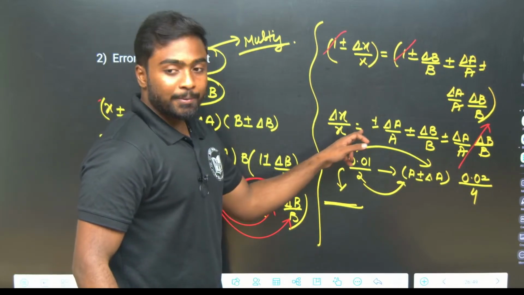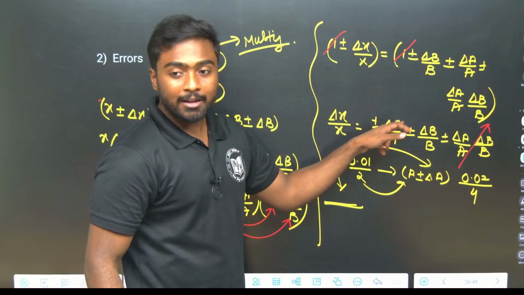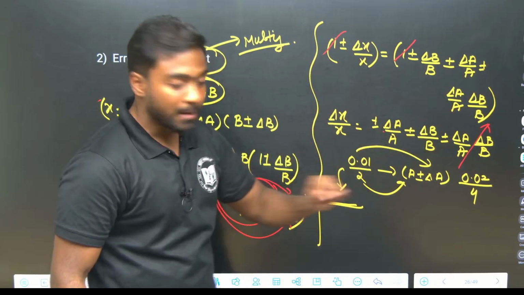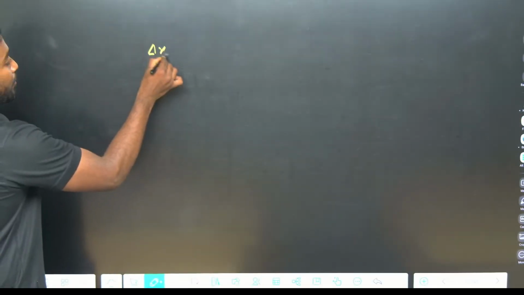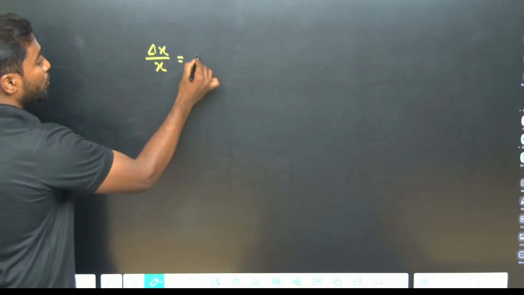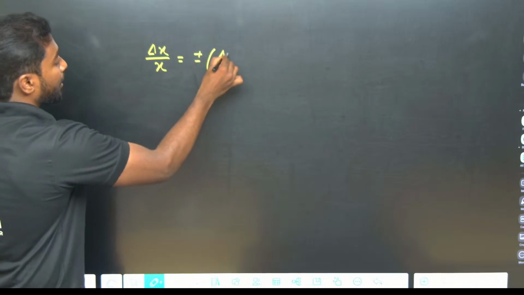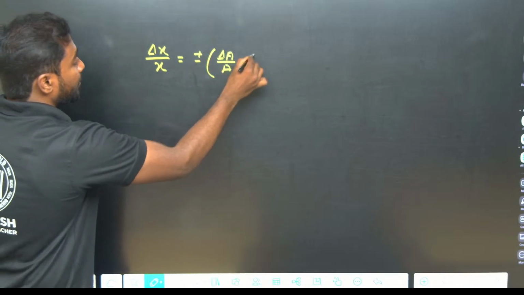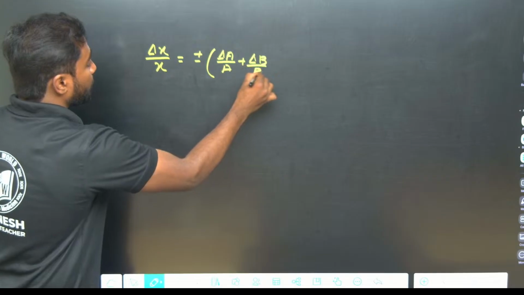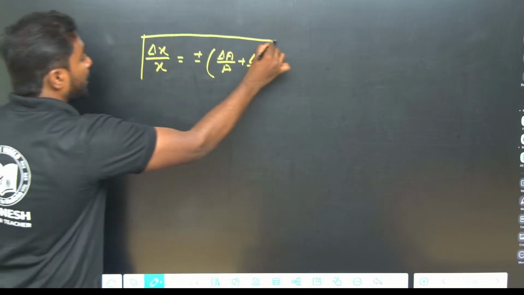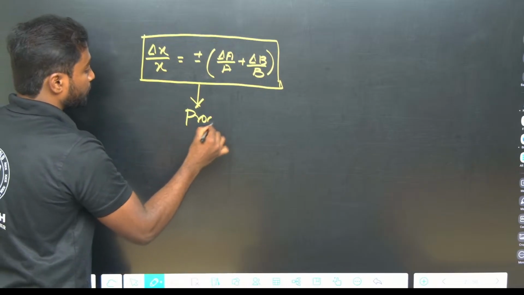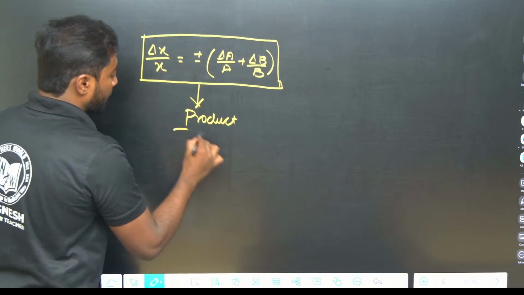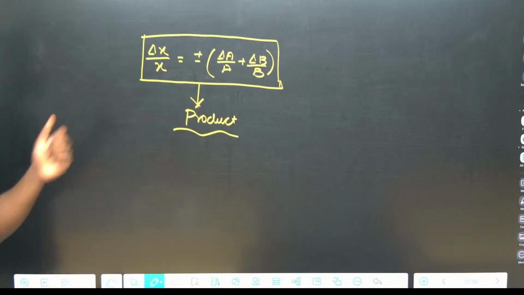Delta x by x equals plus or minus delta A by A plus delta B by B. So the final formula is delta x by x equals plus or minus delta A by A plus delta B by B. This is the formula for the product, the multiplication. You can take the formula.